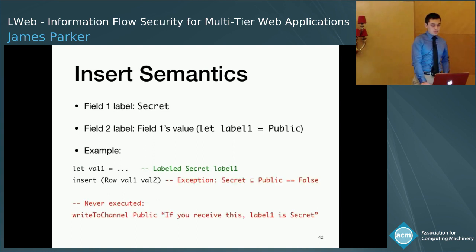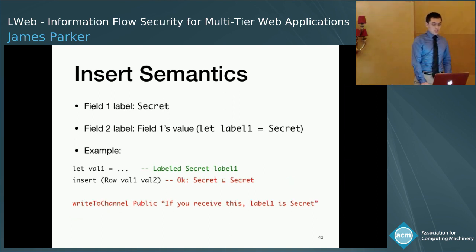So let's assume label1 is public. So now we're trying to insert secret data into a public channel. So from our rules earlier, we know this is unsafe. So an exception is going to be thrown, and execution will stop. And we will never do this write to the public channel.